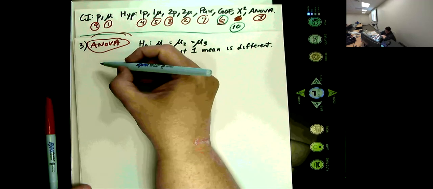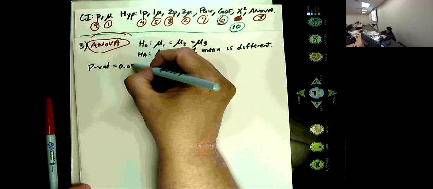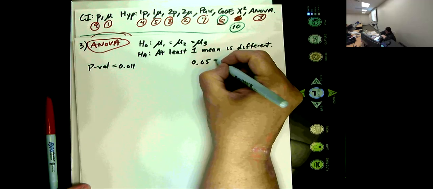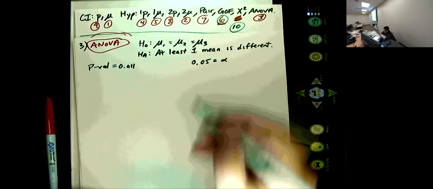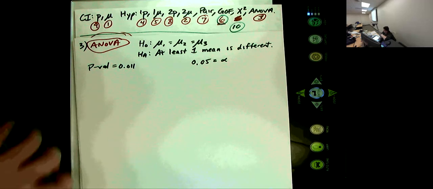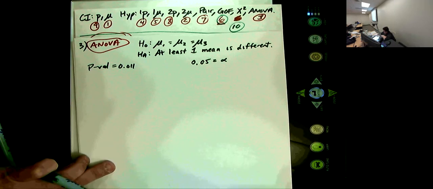It gives me a p-value of 0.011, and it asks for alpha at 0.05. What's our comparison sign here?